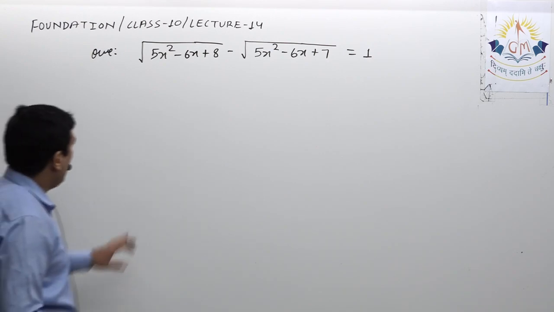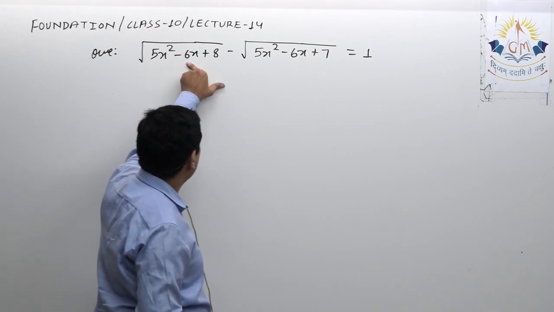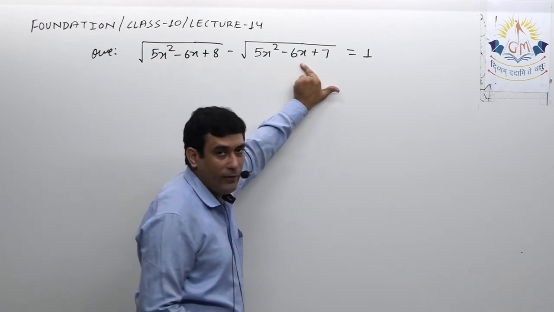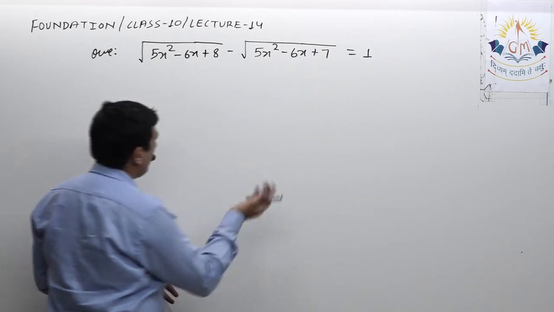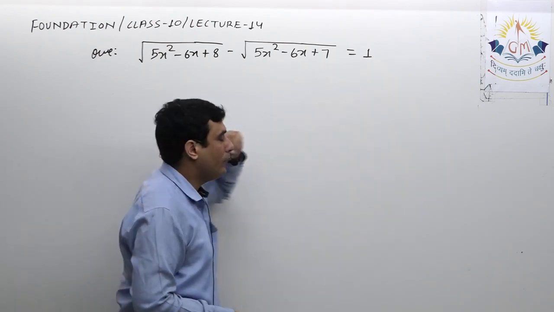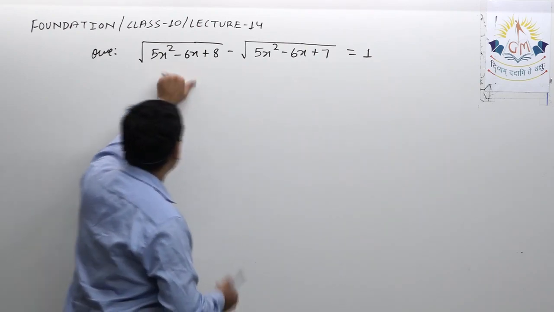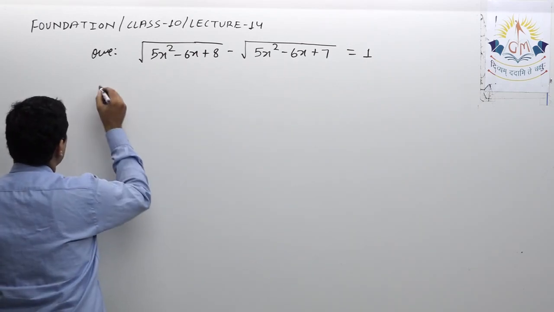Here, if you are able to observe, we have 5x square minus 6x over here as well as over here. So before I square on both sides, or before I take one of the terms on the other side, first I will replace this 5x square minus 6x by another variable, that is y.